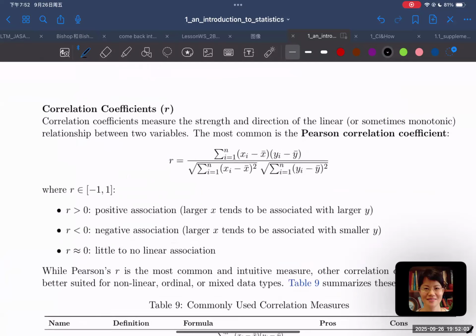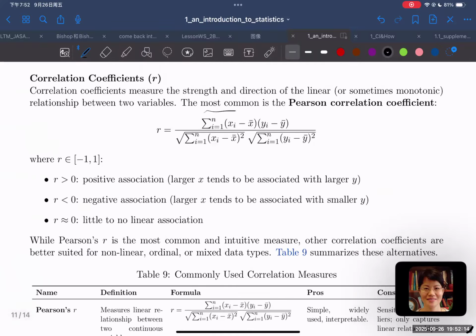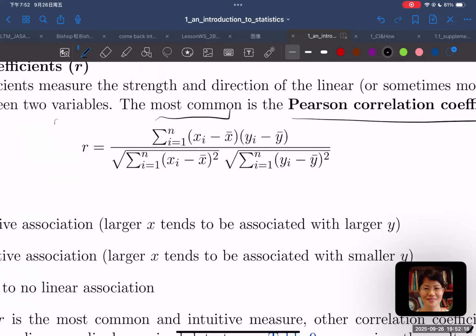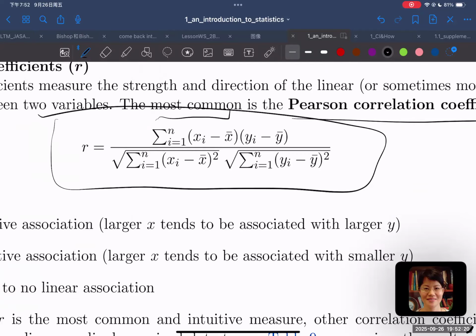And here comes the correlation coefficients. This is also a concept that you need to grasp. The first one we want to introduce is the most common one, the Pearson correlation coefficient. For this one, I suppose everyone knows how to do that. But here I want to draw your attention again.